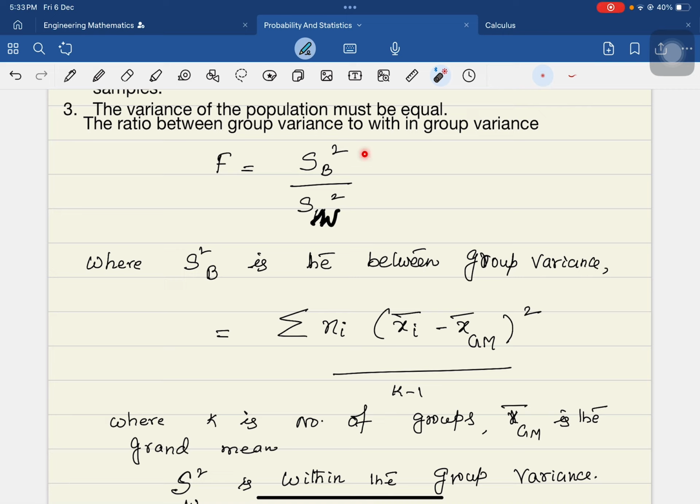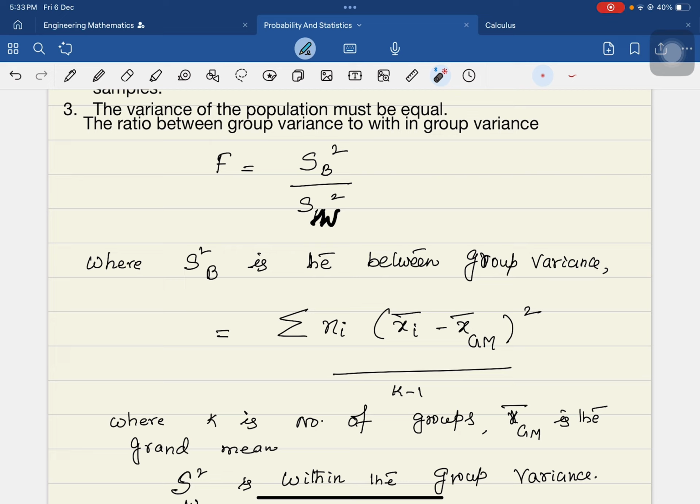Now, how to find the variance between the groups? When I say the variance between the groups, first of all, for all the three or four groups, whatever, we find the mean of each group, take the difference from the grand mean, and square the difference. And how many times we do this depends on how many groups there are.